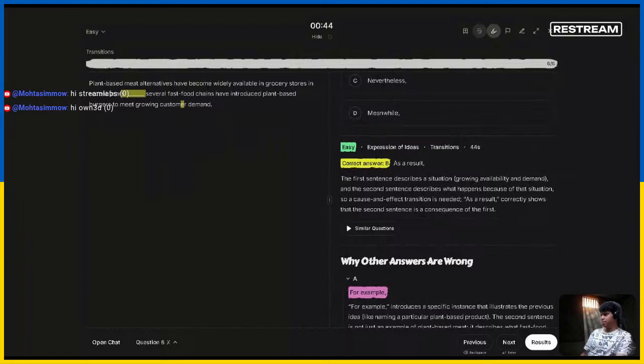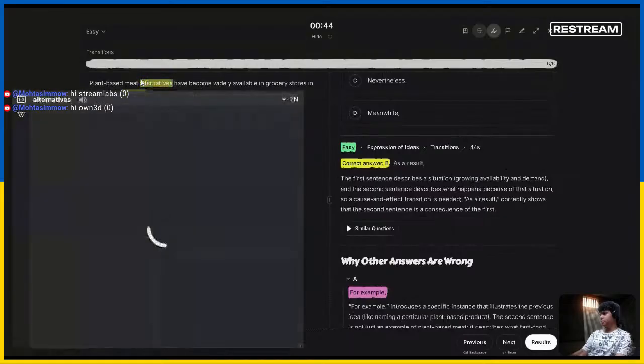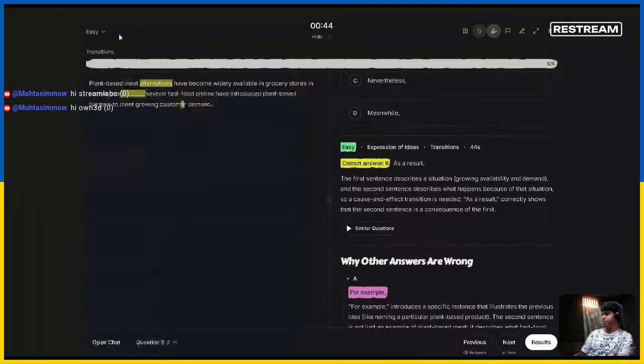Plant-based meat alternatives have become widely available in grocery stores in recent years. As a result, several fast food chains have introduced plant-based burgers to meet growing customer demand.